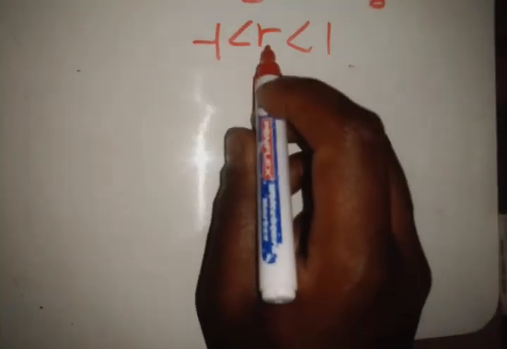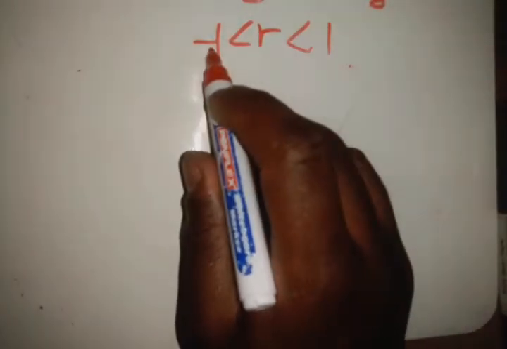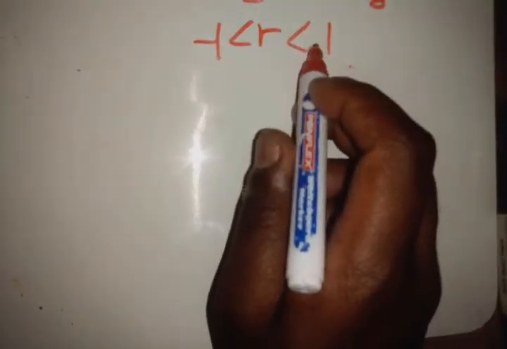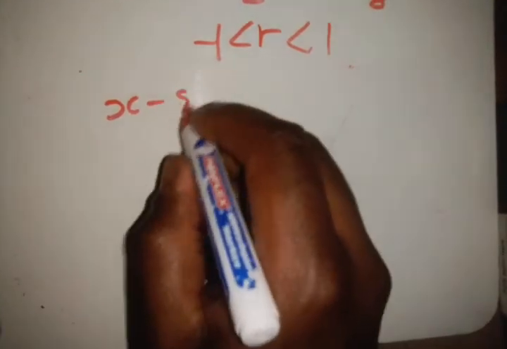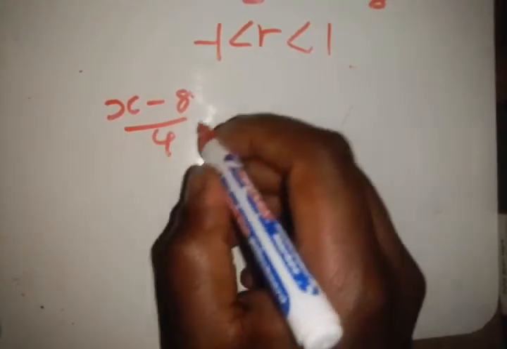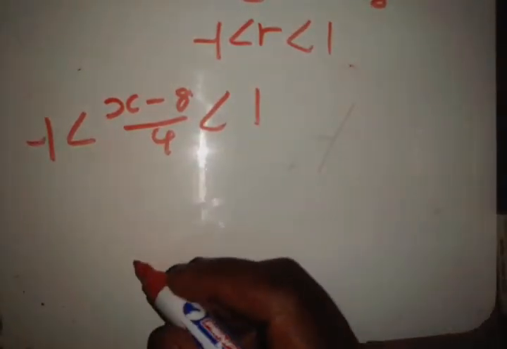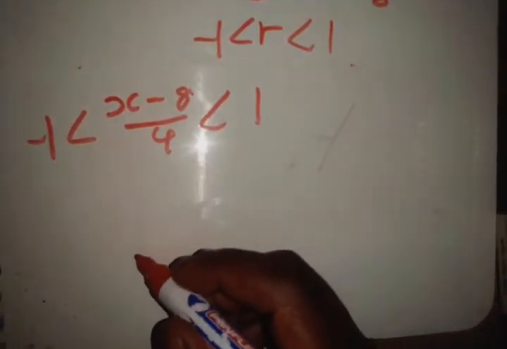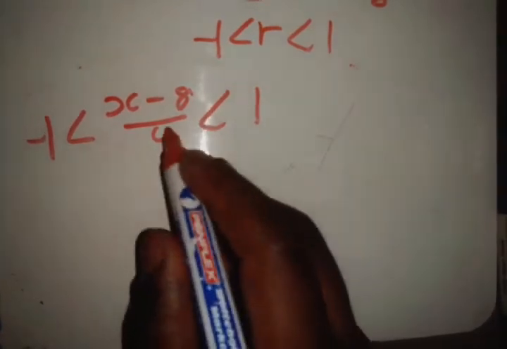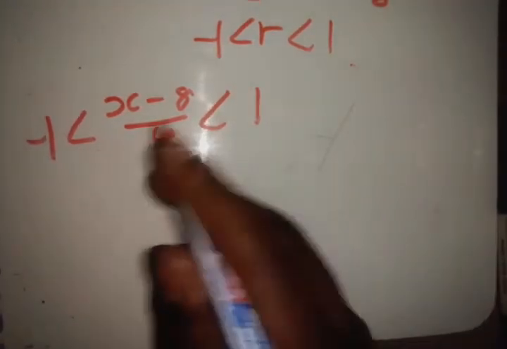Then once you get your common ratio, it must be between this, right? It must be bigger than -1 and smaller than 1. So our common ratio was (x - 8) over 4. So that thing must be less than 1, and it must be bigger than -1. So then you solve for x. If you have this situation, whatever you do in the middle, you do to the left and to the right.